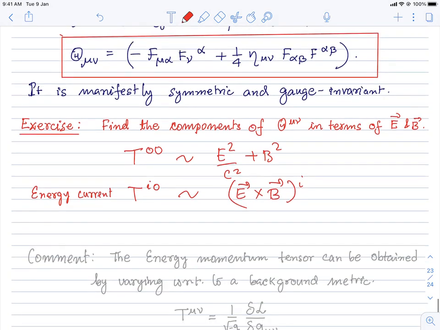Similarly, this is the answer to the exercise that I've asked you to do. I'm just writing it schematically.